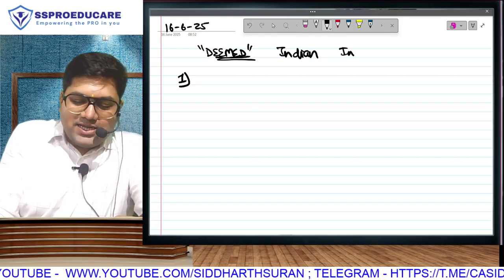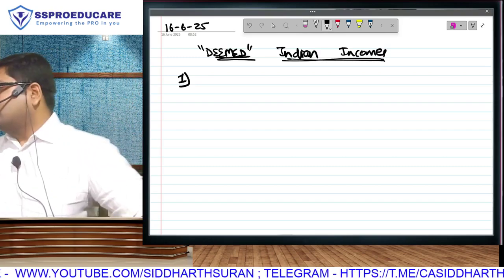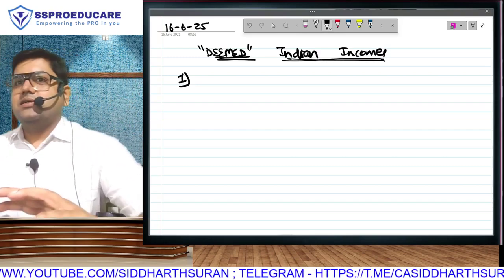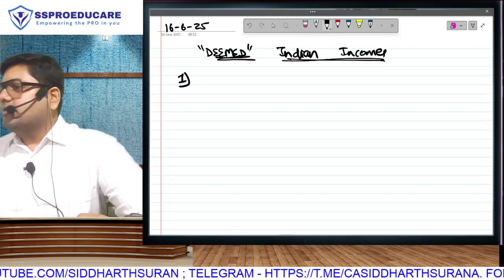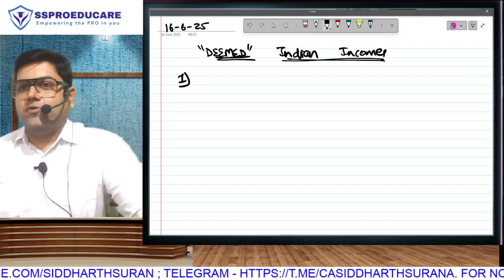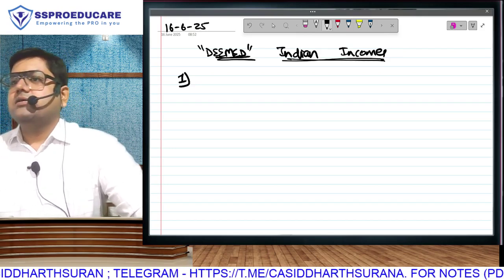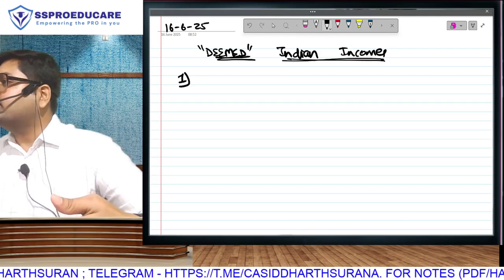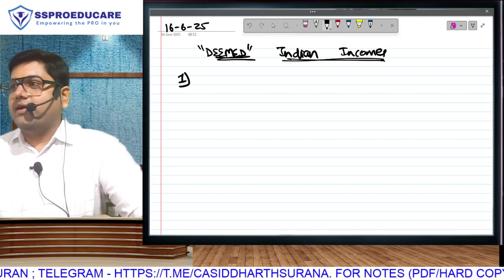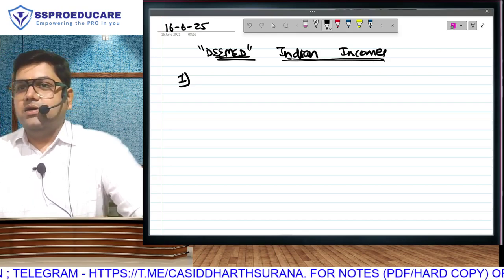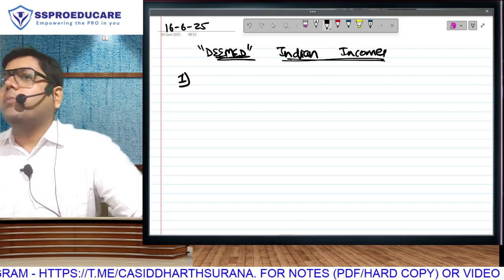All right, ladies and gentlemen, we are in the last part, last concept of our chapter number 2, that is residential status and scope of total income. Taxpayers will be divided in two categories, resident and non-resident. Incomes will be divided in two categories, Indian income, foreign income. Resident will pay tax on Indian income and foreign income, global income.